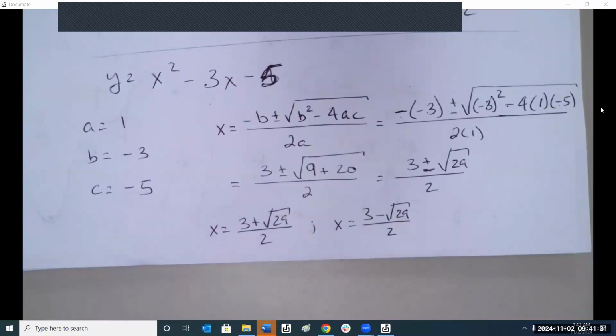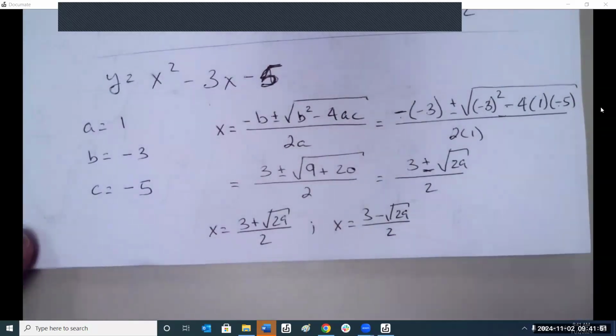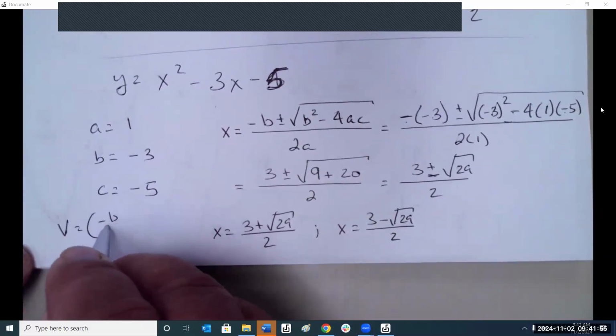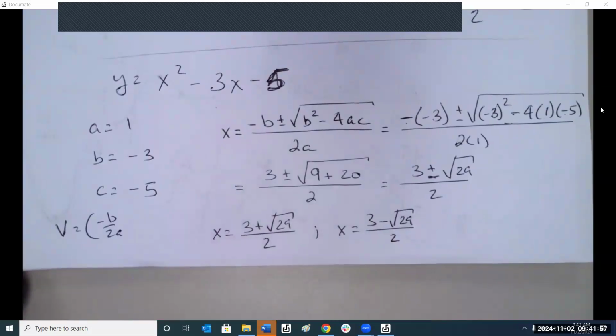Where's the vertex of this equation? Very good. Well, that's not the vertex. That's the axis of symmetry, because the axis of the vertex is negative b over 2a.